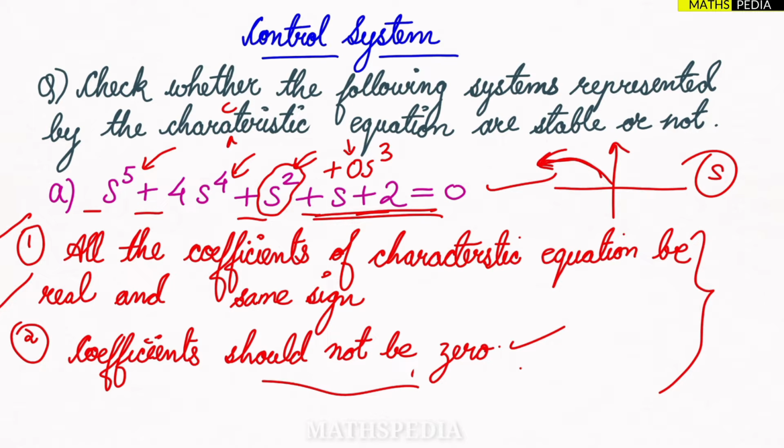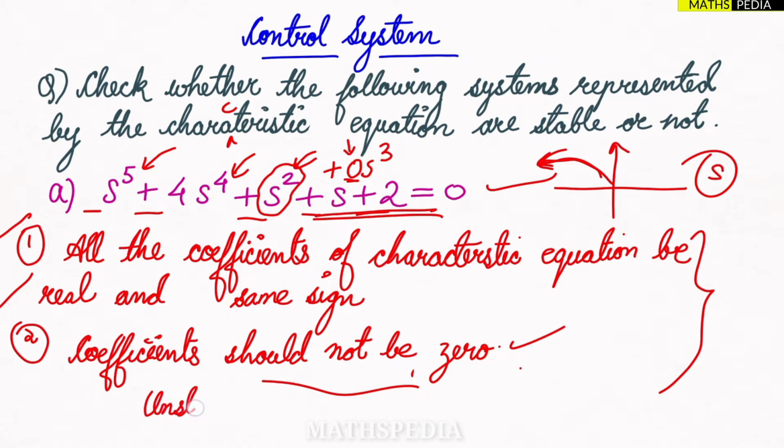But that is not acceptable, because the system is stable only if the coefficient is not 0. So we can say that this system is unstable because of this condition. For stability we will go for Routh's criteria, which we will discuss in further videos. But for now, by these two conditions, we can say instability for sure. If the system comes out as stable, we'll try to analyze that. So the system is unstable.